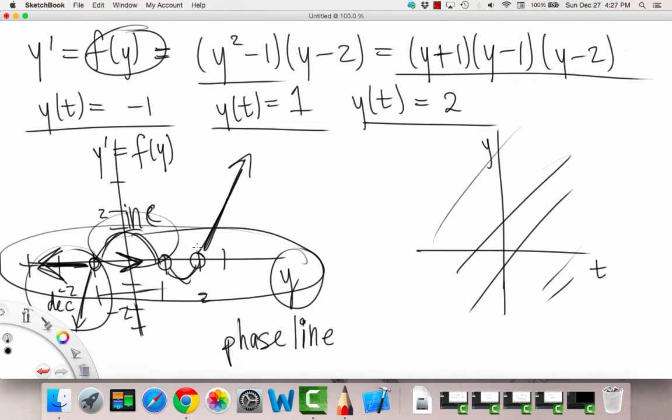And then down here, this part is decreasing, that little tiny interval between 1 and 2, and our arrow then points to the left, where y is decreasing. It's going down. And lastly, this last interval is increasing because our y prime is positive. That means that our y must be going toward the greater values there. Alrighty, so let me redraw this on the next slide so we can see a clearer version of it.